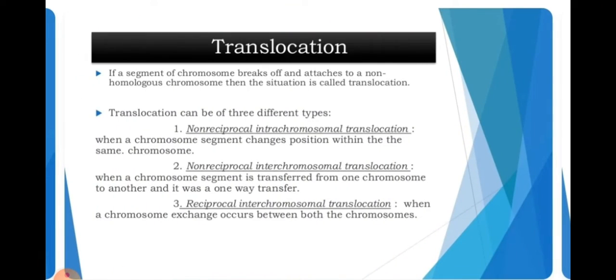Then the fourth one is translocation. If a segment of a chromosome breaks off and attaches to a non-homologous chromosome, the situation is called a translocation. Translocation can be of three types. First, non-reciprocal intrachromosomal translocation, when a chromosome segment changes position within the same chromosome.